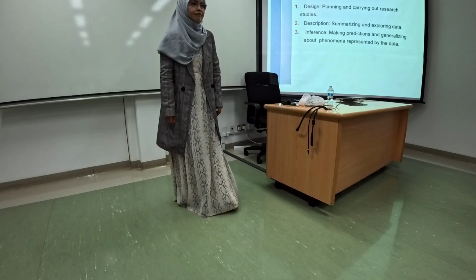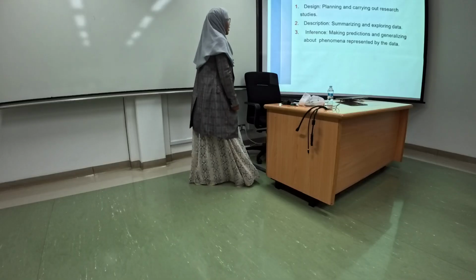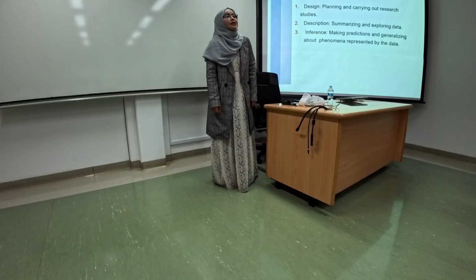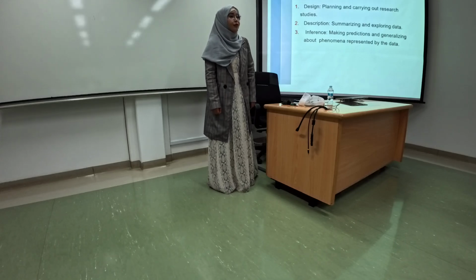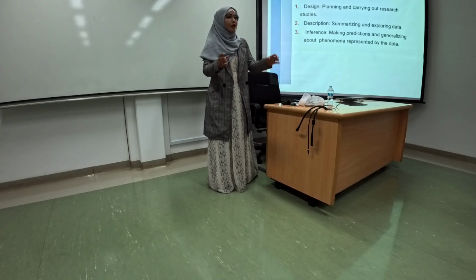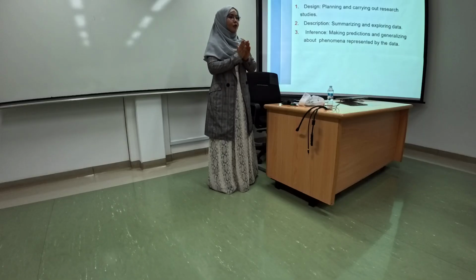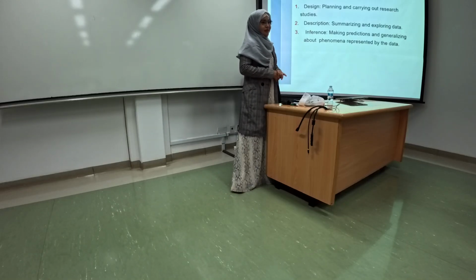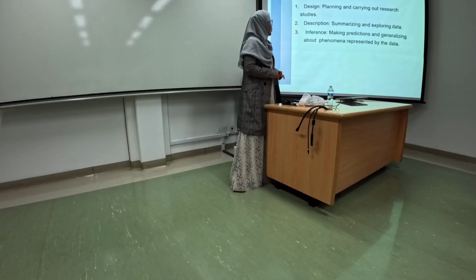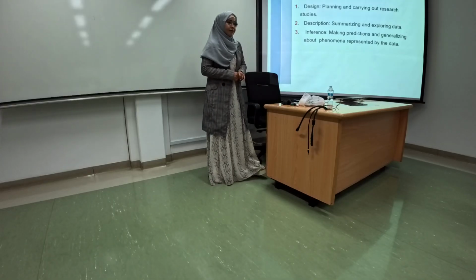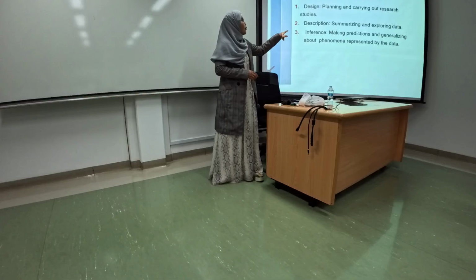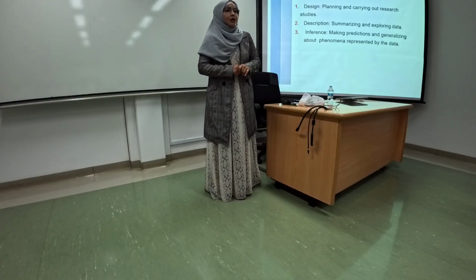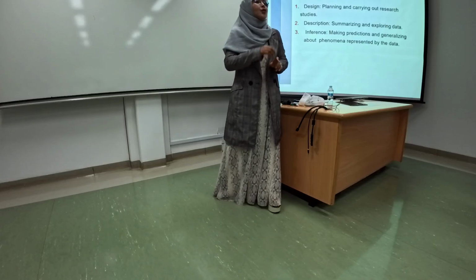Inference is last but not least in biometry. We need to know how to make inference from our organized data, from our results. So what is the description for inference? Making predictions and generalizing about phenomena represented by the data.